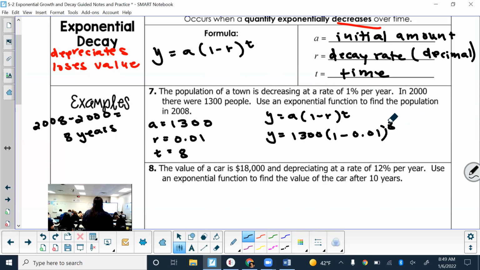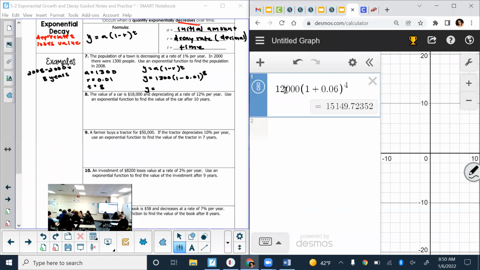All right, plug it into your calculator. All right, should look like that on your screen, whatever calculator you're using. If not, let us know.